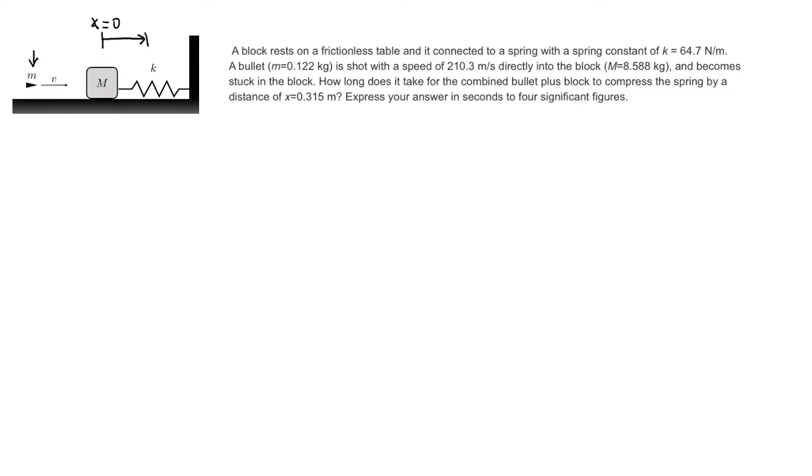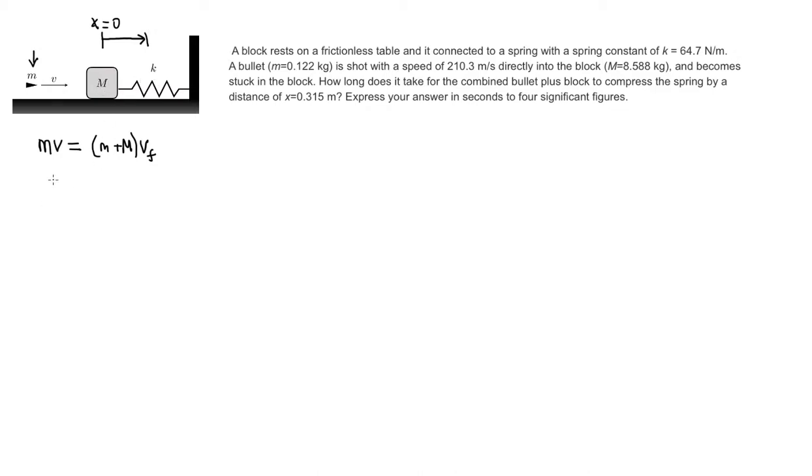Now, we're going to work this as a chain of problems. First, we have the mass of the bullet and the speed of the bullet, and we need to figure out how fast the embedded bullet plus block starts moving at x equals 0, t equals 0. To do that, that's a perfectly inelastic collision. So I can write down that the mass of the bullet times the speed of the bullet, as given in the problem, is going to be the combined mass of the two objects, m plus M, times the final speed after the collision, which turns out to be the initial speed for the harmonic motion.